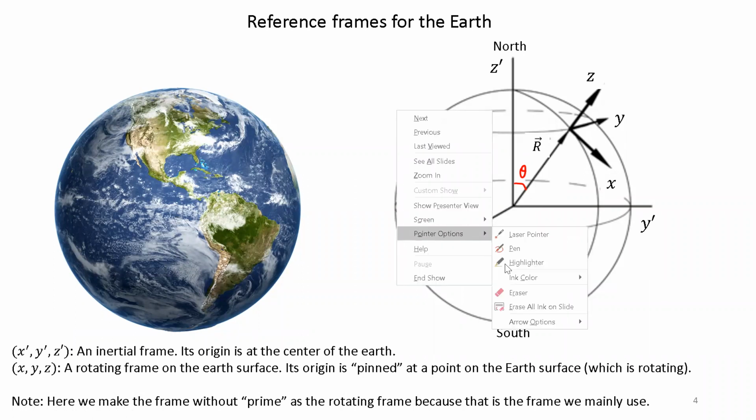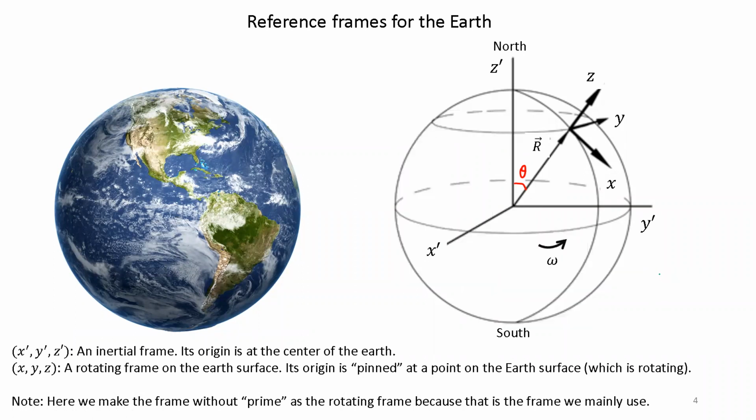Instead we will be using this angle called lambda. It's just a convention. When we talk about the northern latitude and the southern latitude, we use this lambda to describe that.